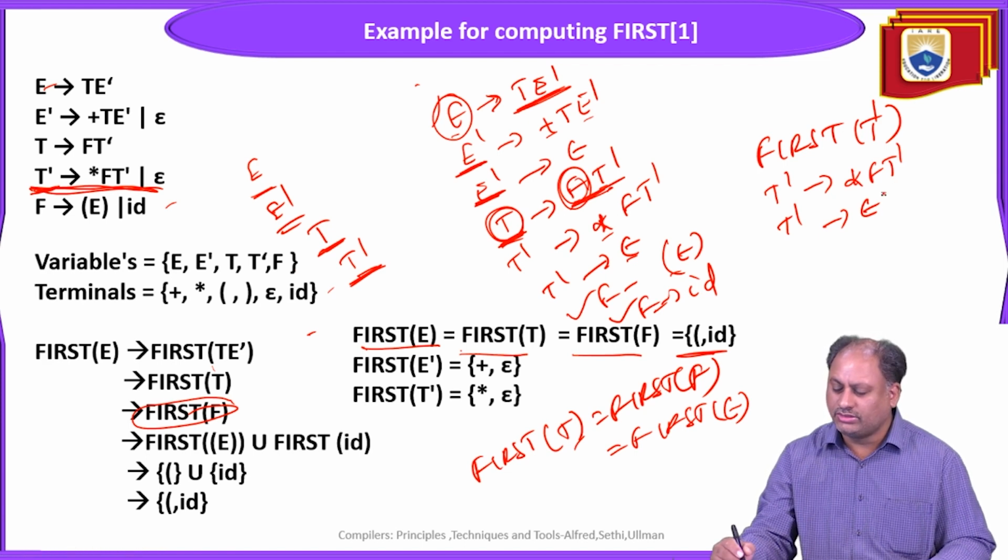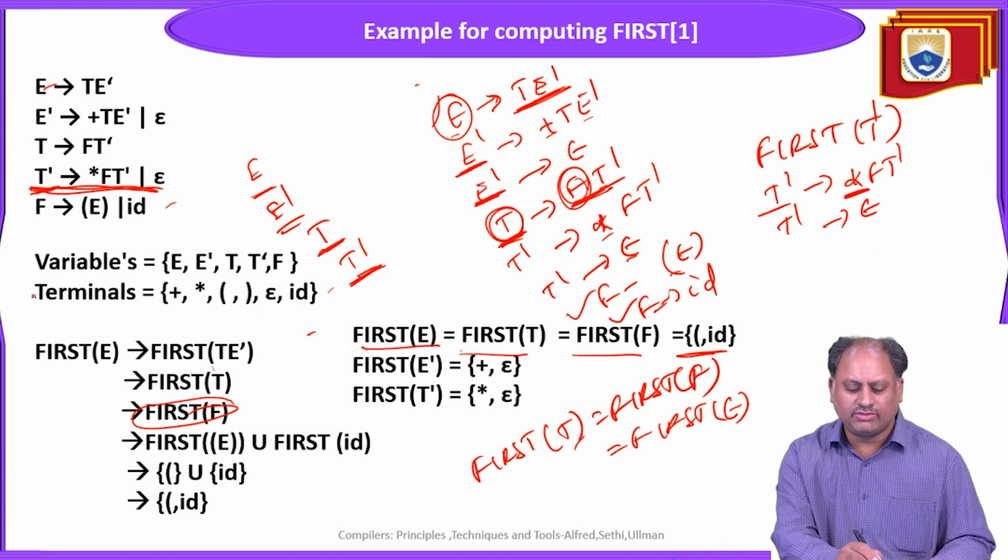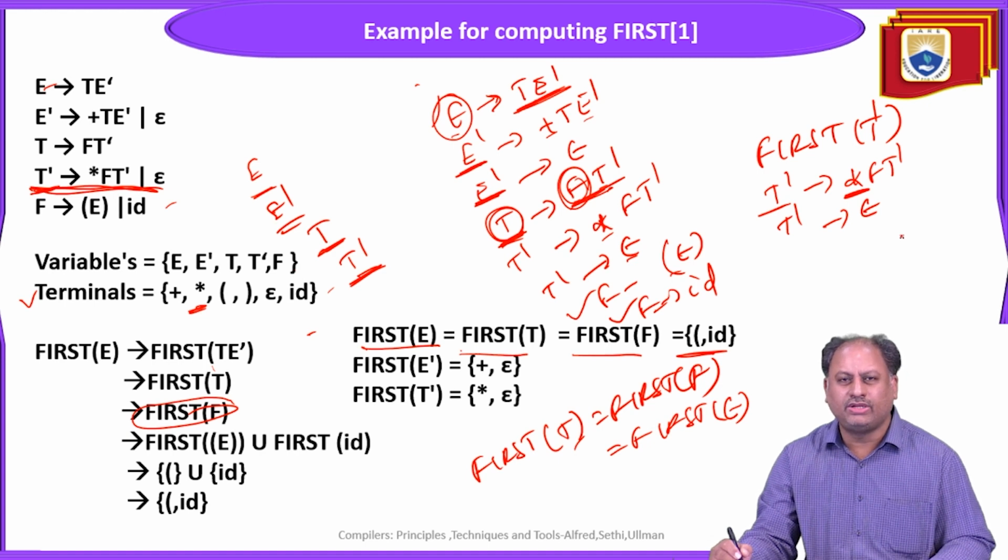Now, what is the computation of first of T dash? First of star is star. Is star a variable or a terminal? According to our listing, star is a terminal. So whenever a terminal appears, it is to be included in the result of the first computation, as per the rules we discussed in the previous slide.